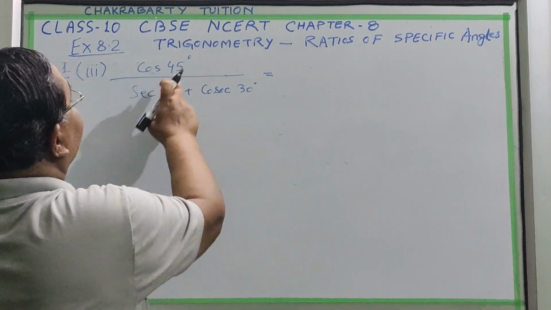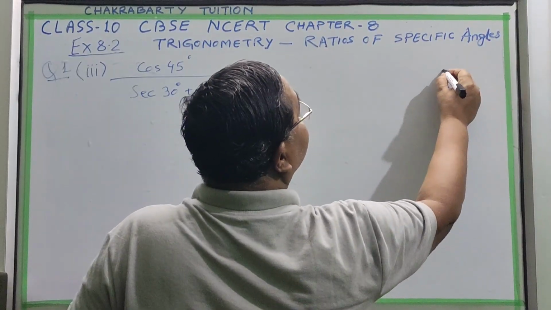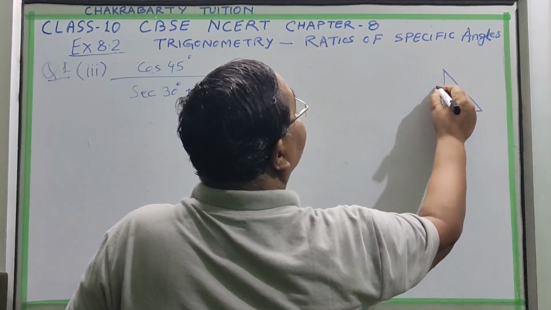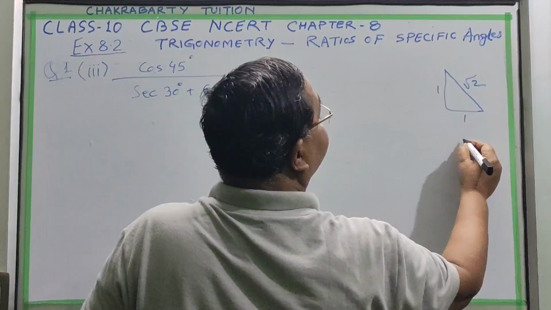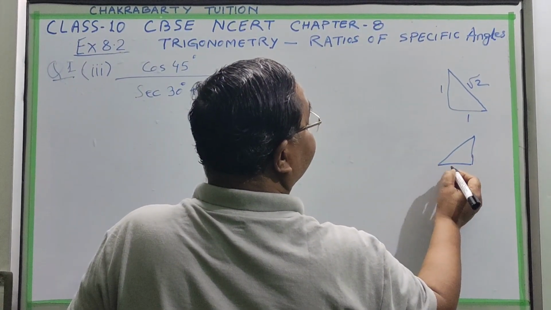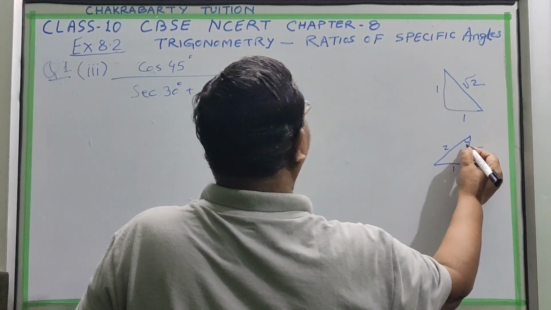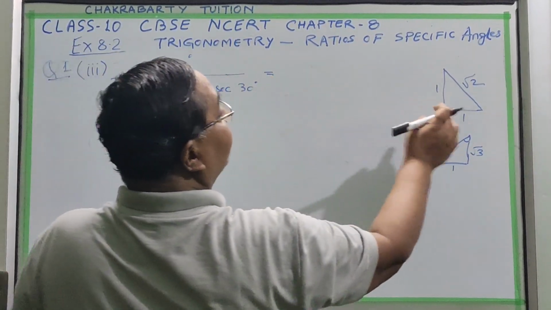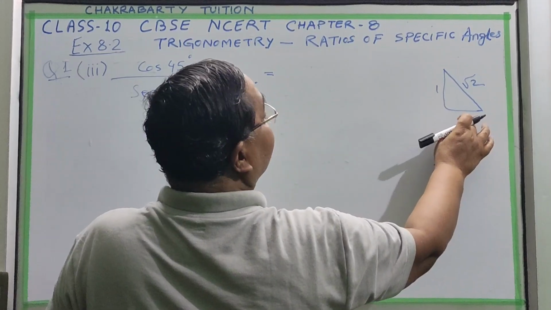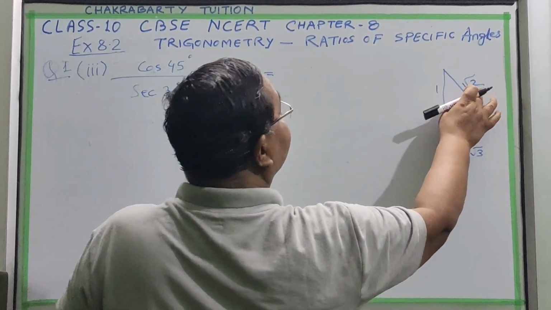So here cos is for 45 degree and 30 degree. So for 45, we used to make a diagram like this: 1, 1 and under root 2. And for 60 and 30 degree we make it like this. Okay, so here it is 60, 1, 2 and under root 3. So 30 degree is here. You want cos 45. Cos 45 means, from here, this is the perpendicular, 1 upon under root 2.